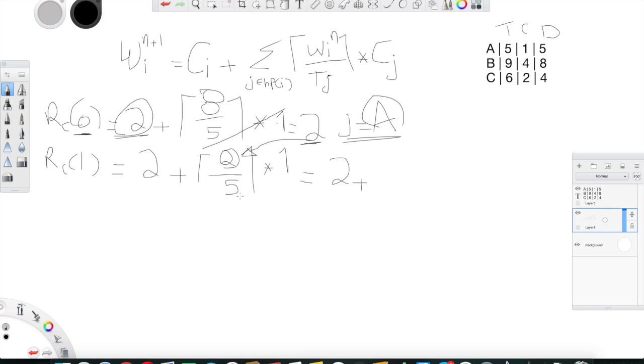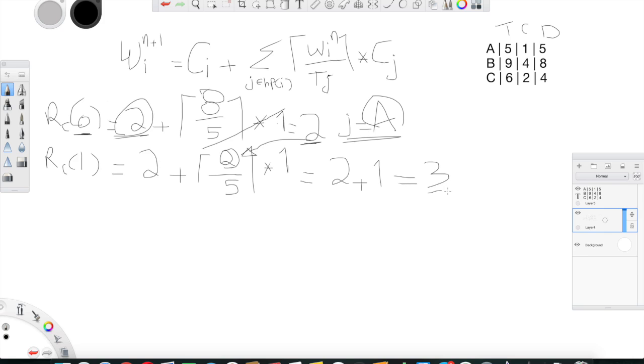It results in 0 point something, which we round up to 1, and 1 multiplied by 1 is equal to 1. So actually here, the response time is equal to 3. 2 divided by 5 is 0 point something. We ceil it up, so instead of 0 point something, it will be 1. 1 multiplied by 1 is equal to 1. So 2 plus 1 is equal to 3.